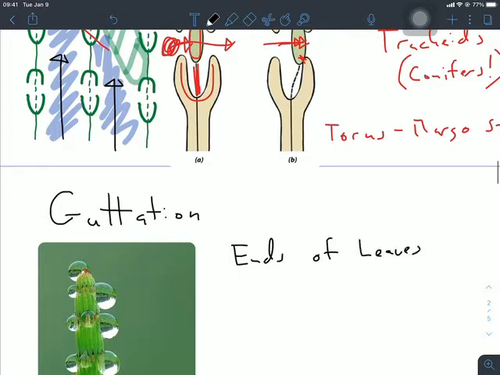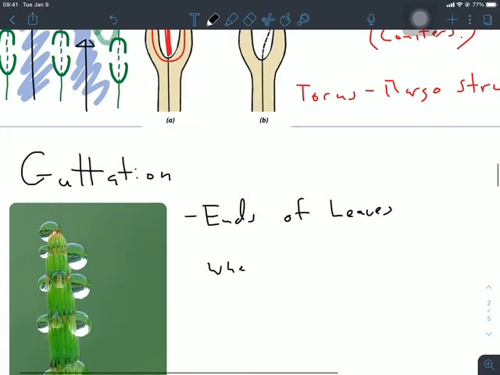You may have even seen some of these droplets, guttation droplets, that occur when transpiration isn't occurring.